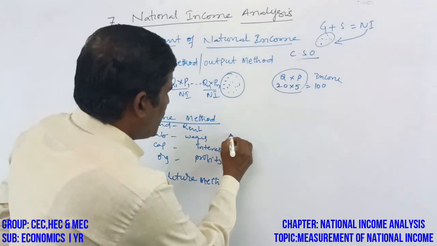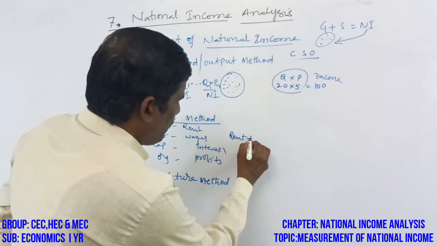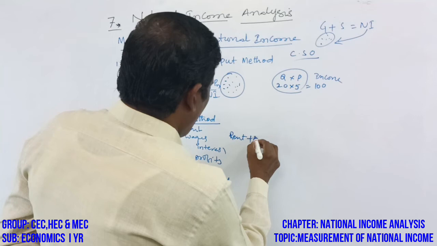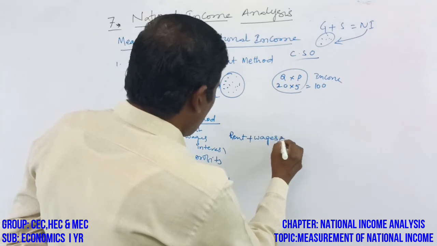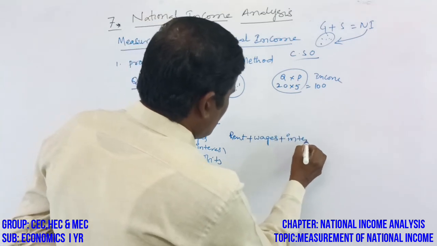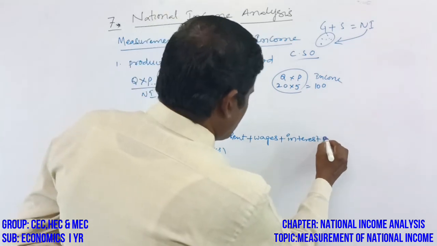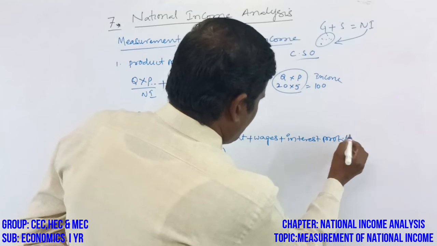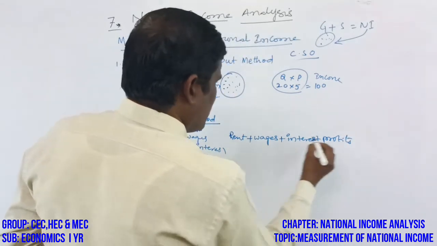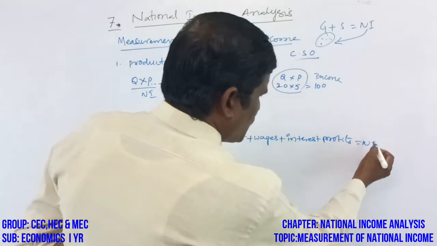So here the formula is rent plus wages plus interest plus profits is equal to the national income.